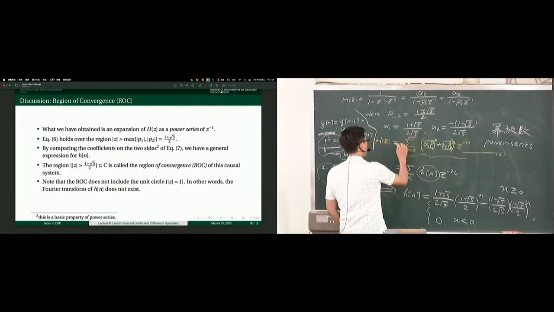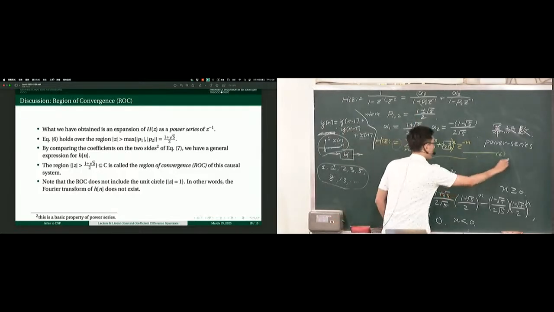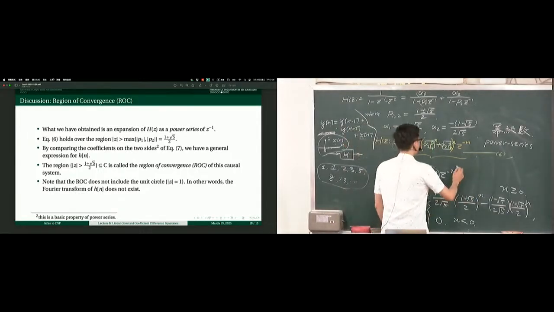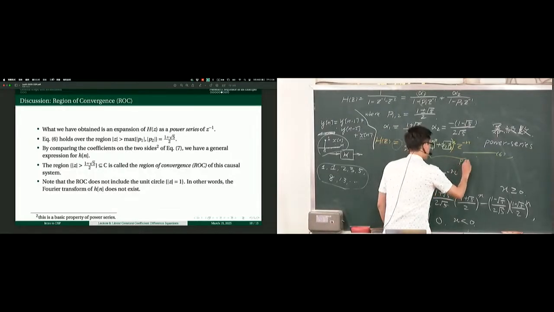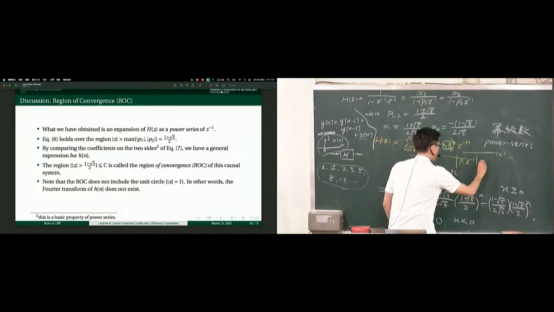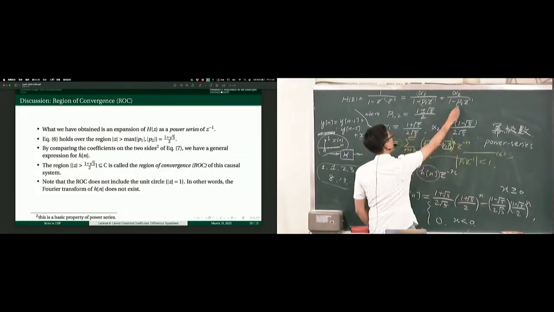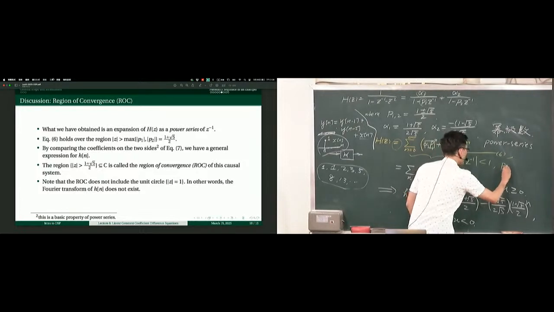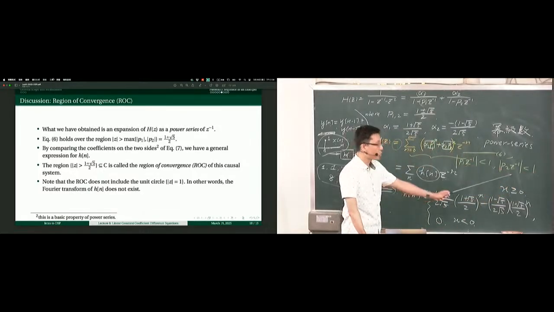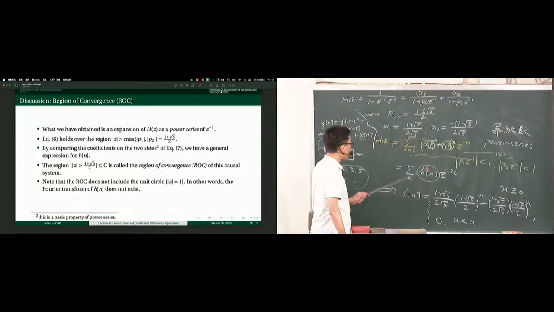The condition is for P1 z inverse, that's a common ratio, the absolute value should be less than 1, and P2 z inverse also has to be less than 1. Both of them need to be true in order for us to proceed from this line to right here.